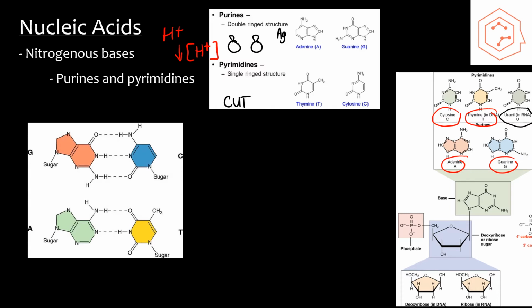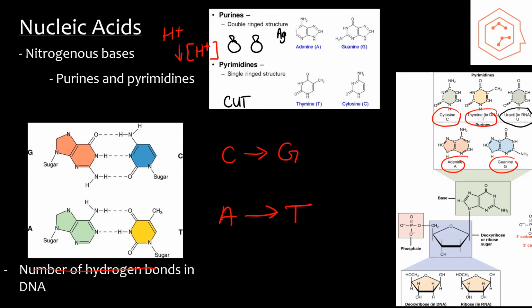Also, another thing to consider here is that G's always go with C. So cat goes in the garage, and your A's always pair with the T. And in terms of this, we have to consider the numbers of hydrogen bonds that form between each of the pairs.